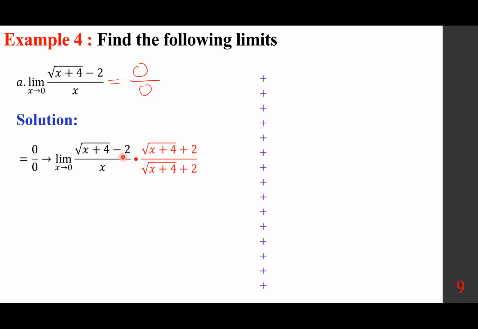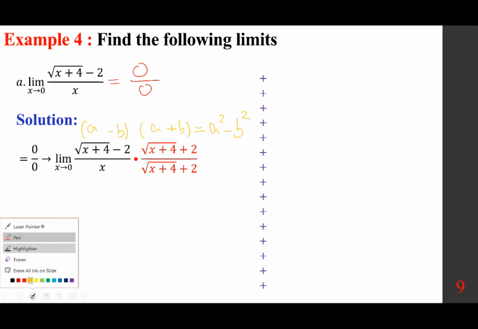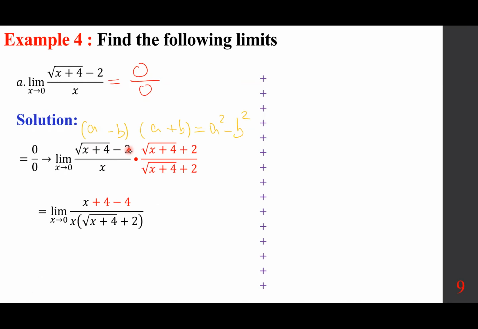Square root of x plus 4 minus 2, we multiply by square root of x plus 4 plus 2 because the conjugate for a minus b, as you recall from algebra, is a plus b, in which case the answer is a squared minus b squared. Therefore, this gets squared up and comes out as x plus 4 minus 2 squared is 4. 4 and negative 4 cancel each other.